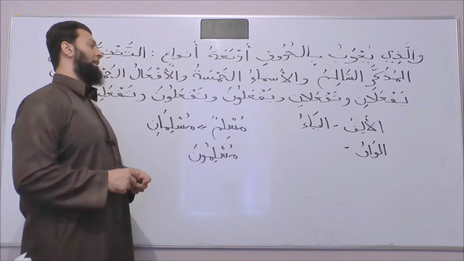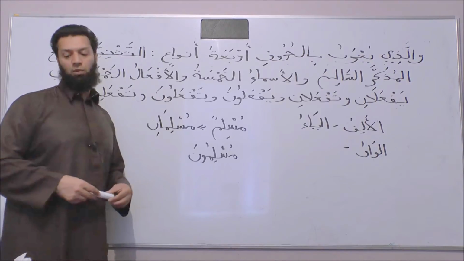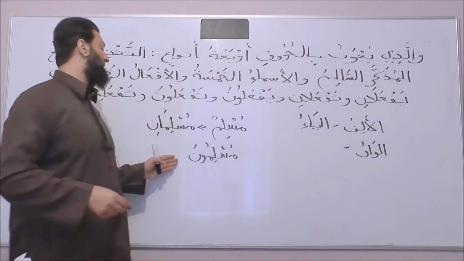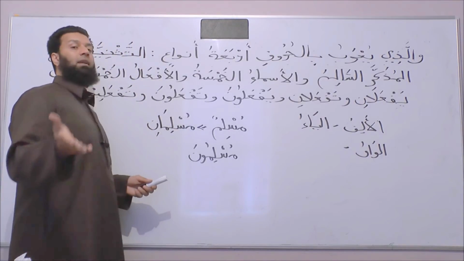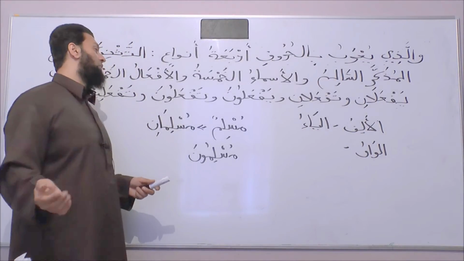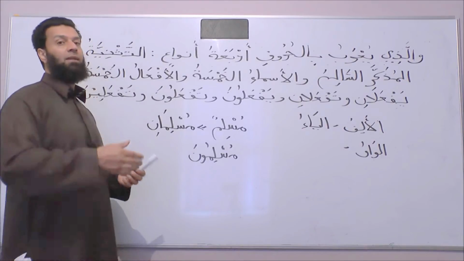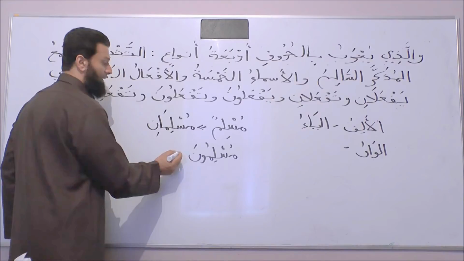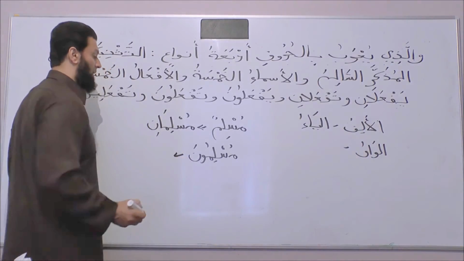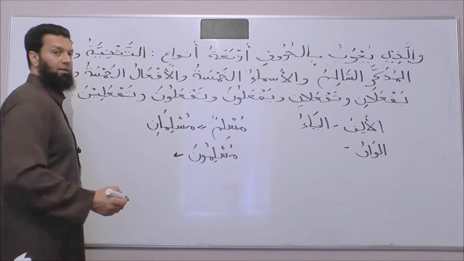So far we have al-alif, al-ya' and al-waw. If we wanted to render muslimuna, which is in the marfu' state, into the mansub or majrur state, we would say, I think it's muslimina. Don't say you think, Ya Muhammad. I'm sure it's muslimina.